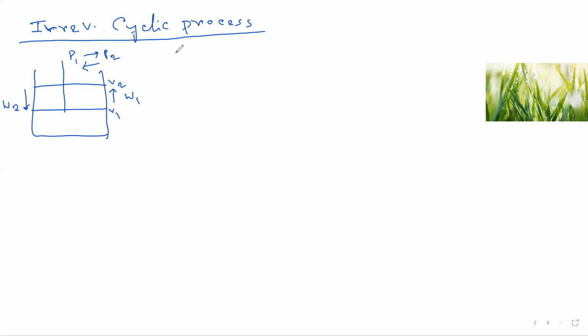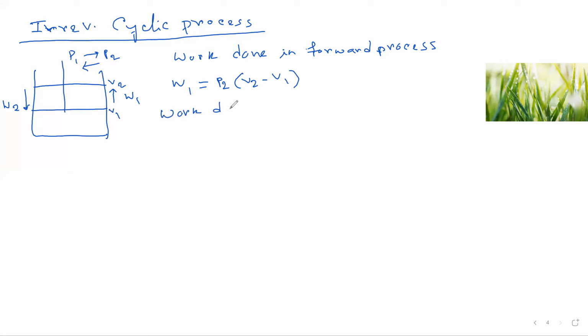Okay, so work done in the forward process, W1 equals P2 into V2 minus V1, and work done in the backward process, W2 is equal to P1 into V1 minus V2.